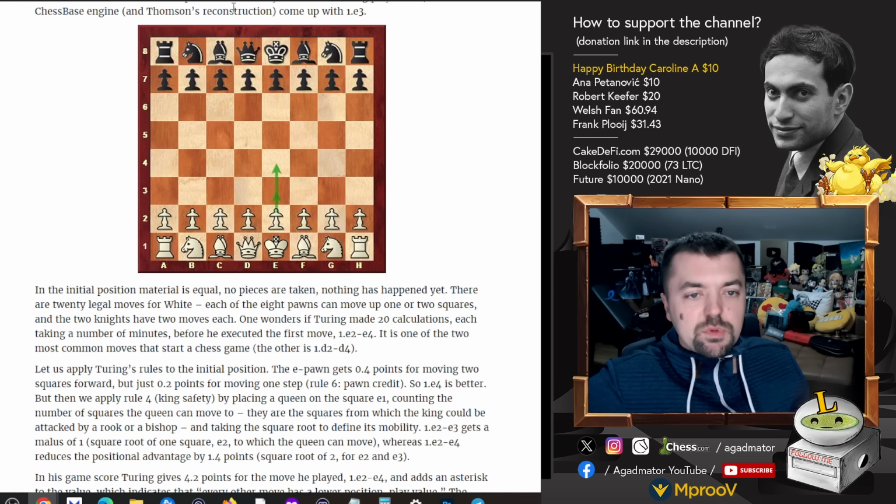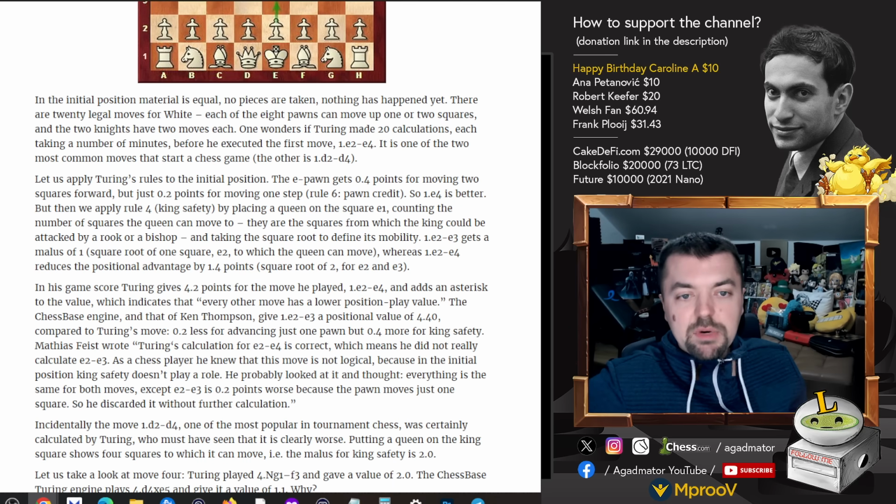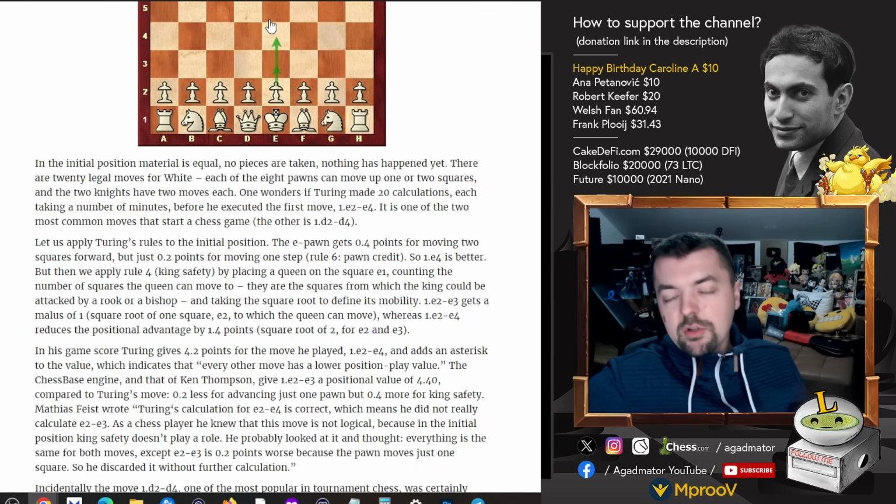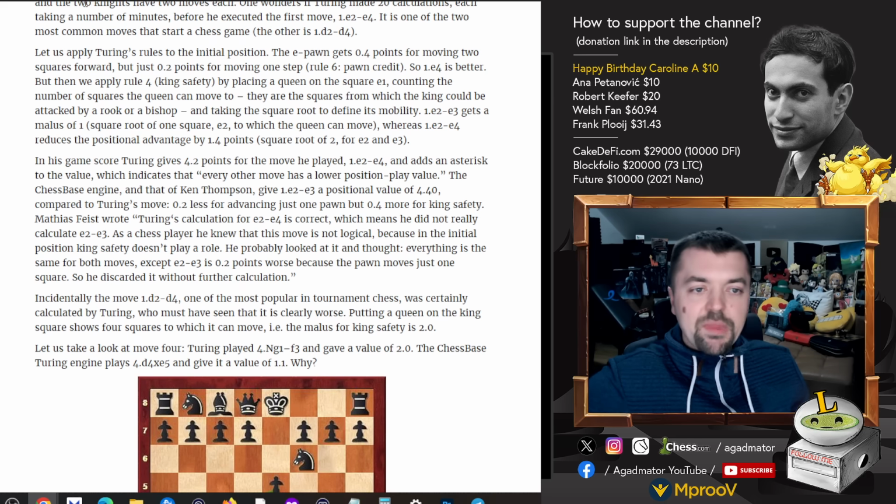In the lecture, we discussed the problem of the very first move that Turing played, e4, while the chess-based engine and Thompson's reconstruction came up with pawn to e3. And here it is very nicely explained why pawn to e3, using Turing's own algorithm, is superior to pawn to e4. So in the initial position, material is equal, no pieces are taken, nothing has happened yet.